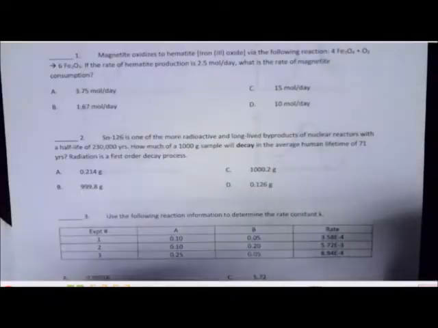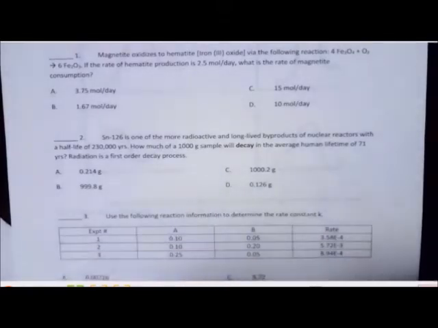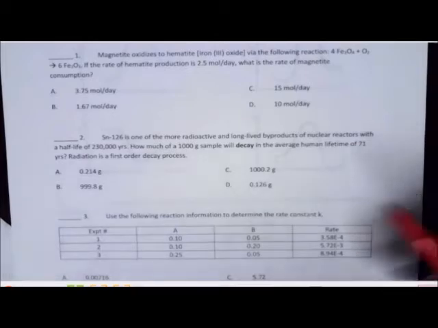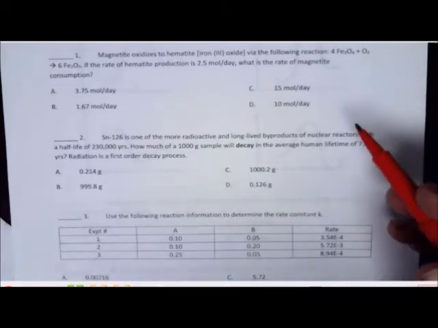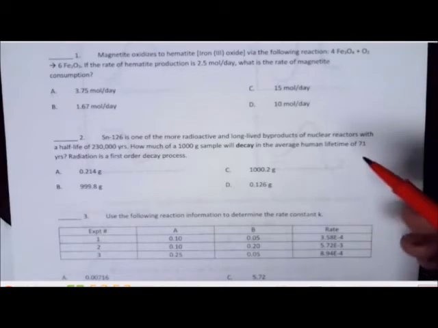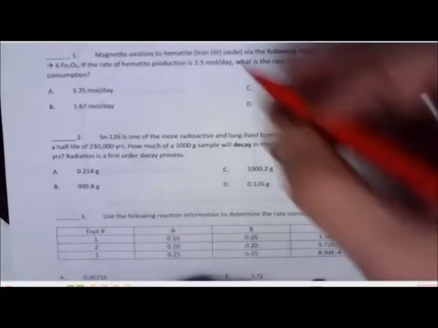Okay, folks, let's look through this other practice test. Starting here, magnetite oxidizes to hematite, iron 3 oxide, via the following reaction: 4 magnetite plus oxygen goes to 6 hematite. If the rate of hematite production is 2.5 per day, what is the rate of magnetite consumption?